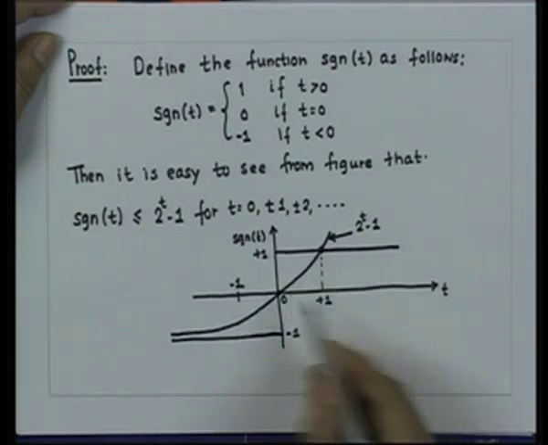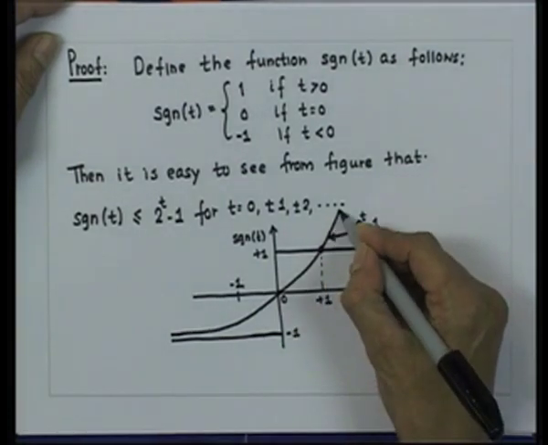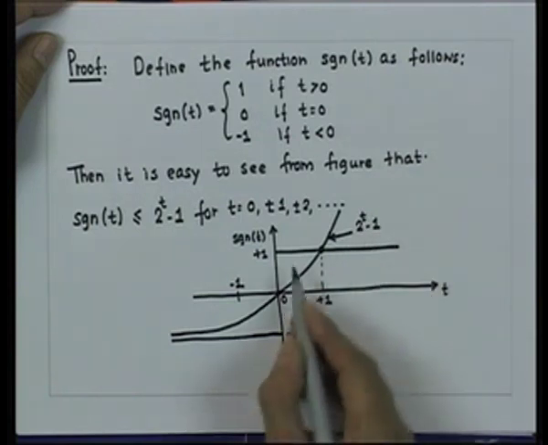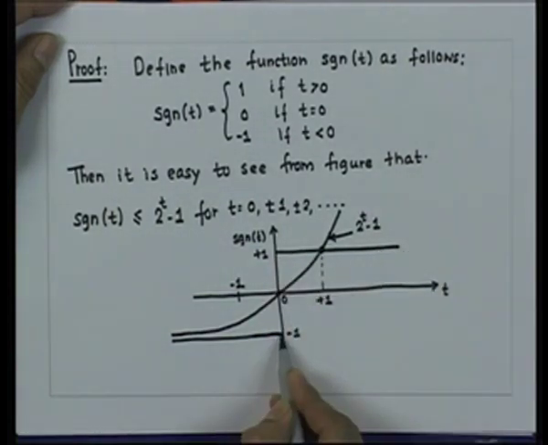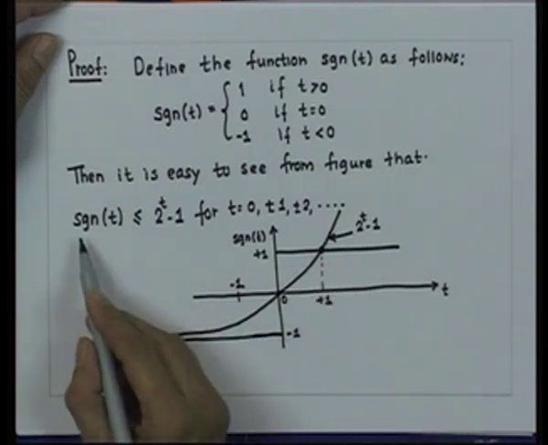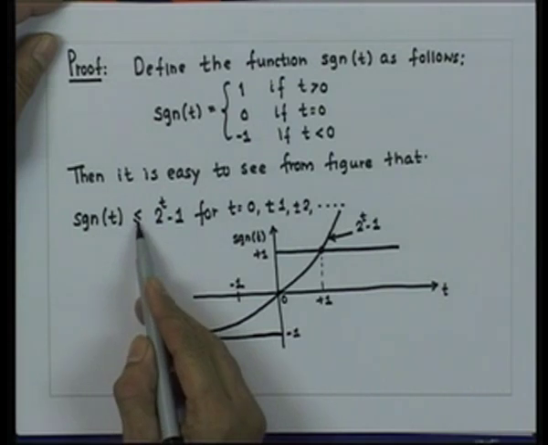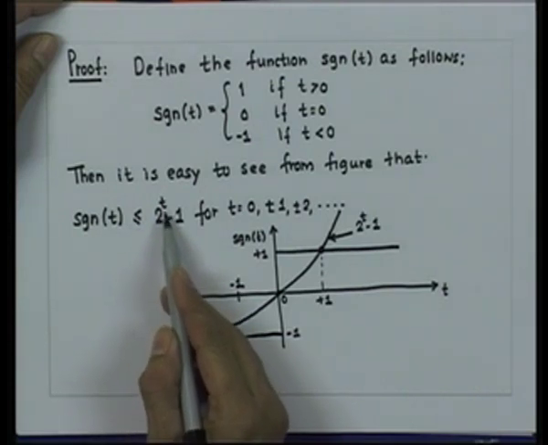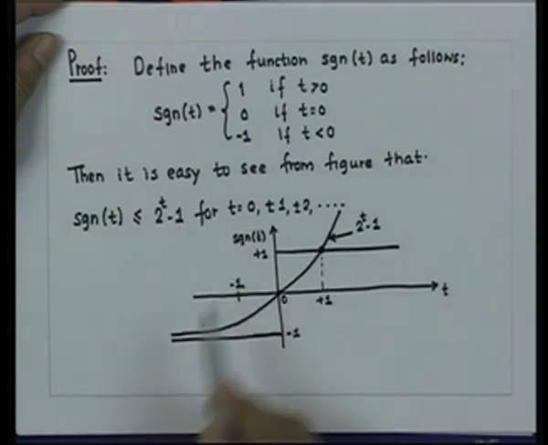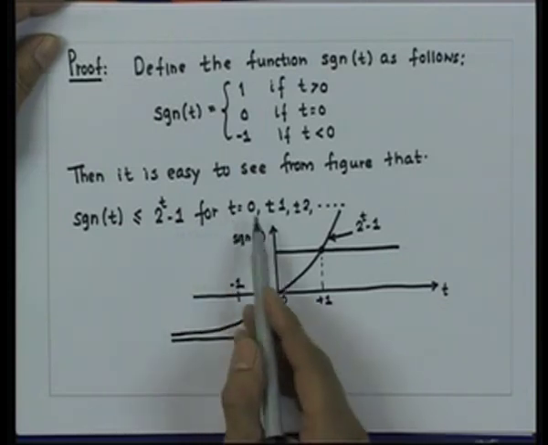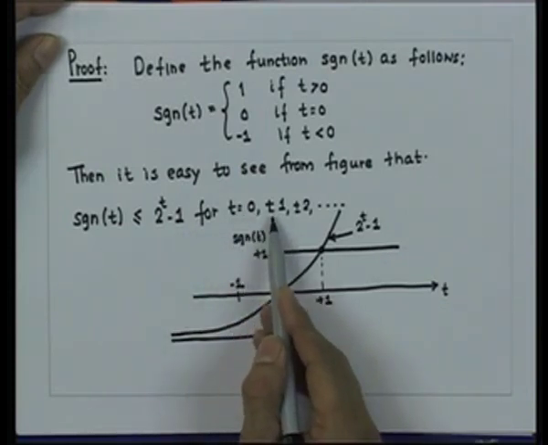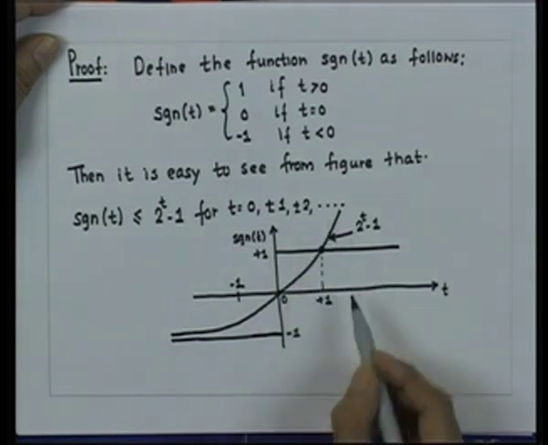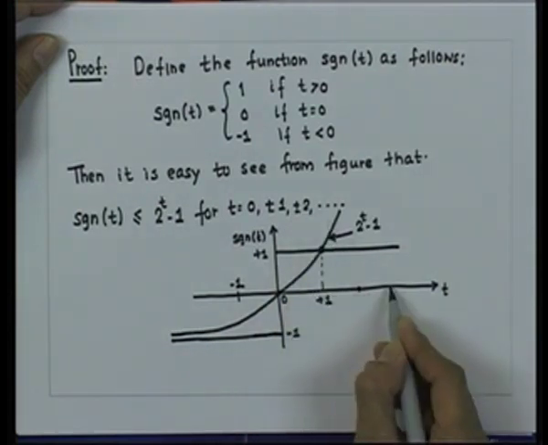So, this is a plot for 2 raised to t minus 1, and this is a plot for the function signum t. From this plot, it is very clear that signum t is always less than or equal to 2 raised to t minus 1, but it is very important to note that this is valid only for t equal to 0, plus minus 1, plus minus 2. So, it is true for all the integer values.